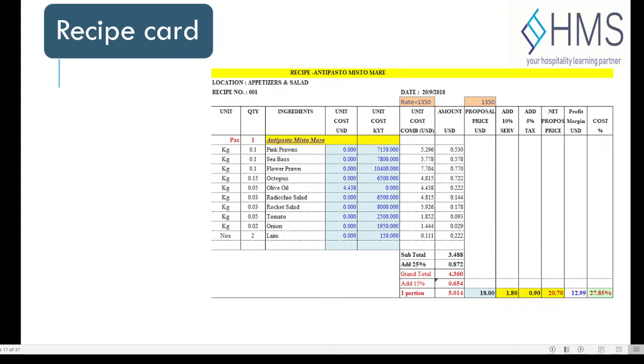It's a very important thing. Many people don't get it right. So this cost is going to be the yield cost, not the purchase price. The other way to build it is you can put the purchase price here, and then you can input one factor for yield. How much is the real yield of these pink prawns into this dish? And then you can factor in the cost based on the yield ratio. Okay.